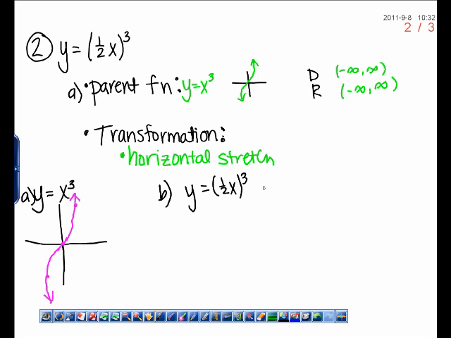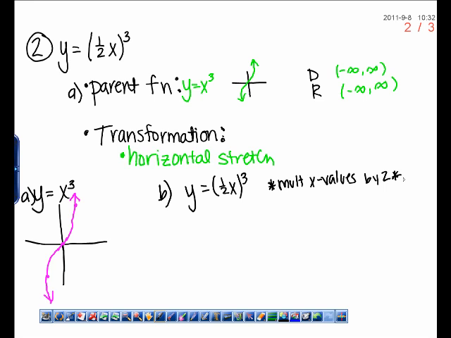What I'm really going to do here, okay? I've got a 1/2 here. I'm looking at this 2. I'm really going to multiply x values by 2. That's what a horizontal stretch of means with a 1/2 in there.